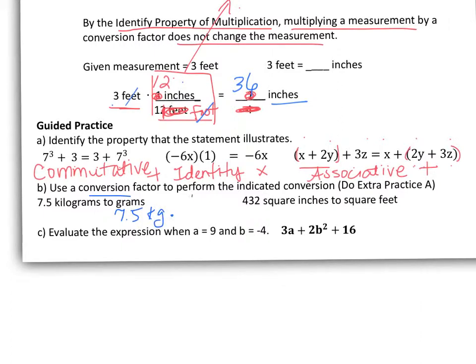So I know 1,000 grams equals 1 kg. The reason why I want to put kg on the bottom is because I can cancel it out. So now there's 3 zeros. I can shift the decimal point in 7.5 three spaces to the right. 1, 2, 3. And that would give me 7,500 grams.